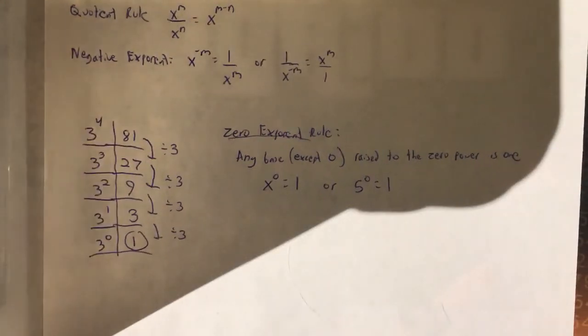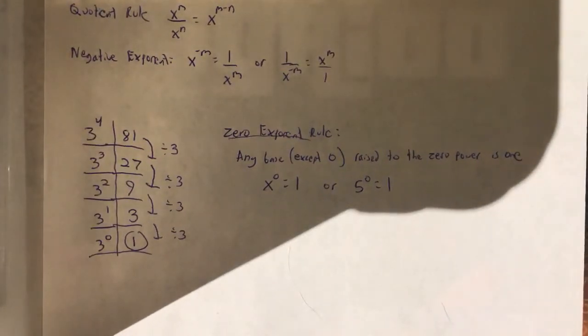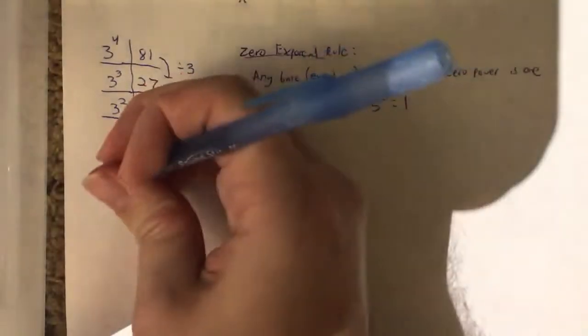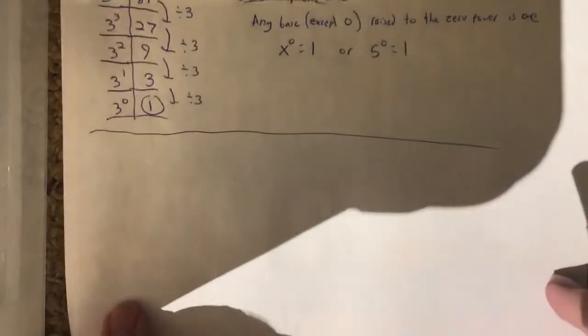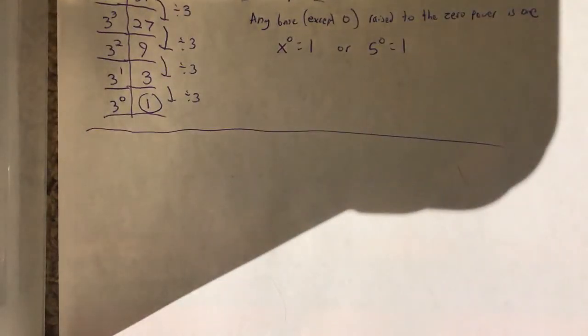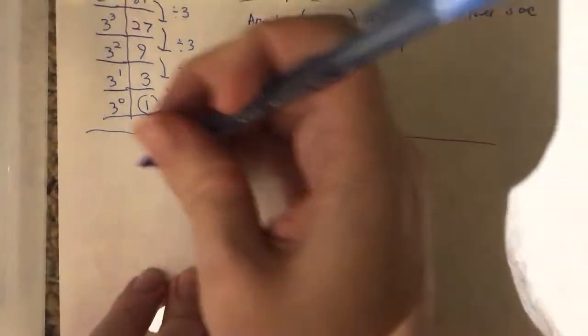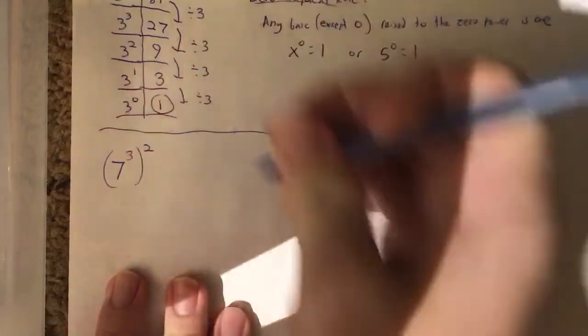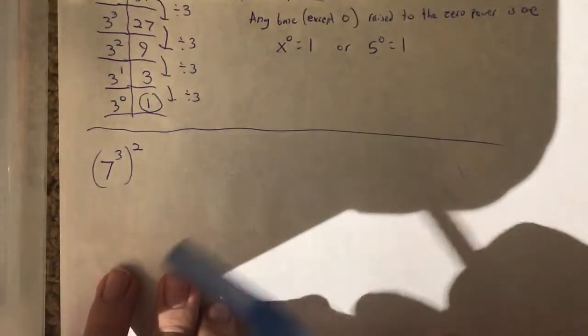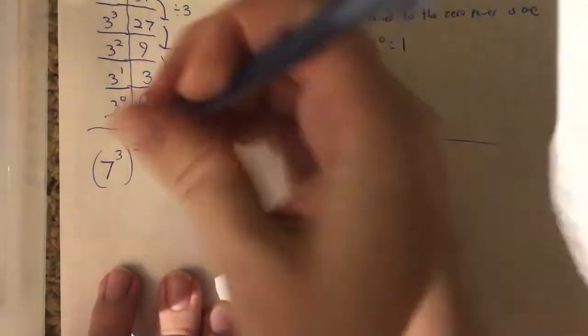Now we're going to look at our power rule. Let's say I had something like 7 to the third, squared, and I wanted to figure out what this is.